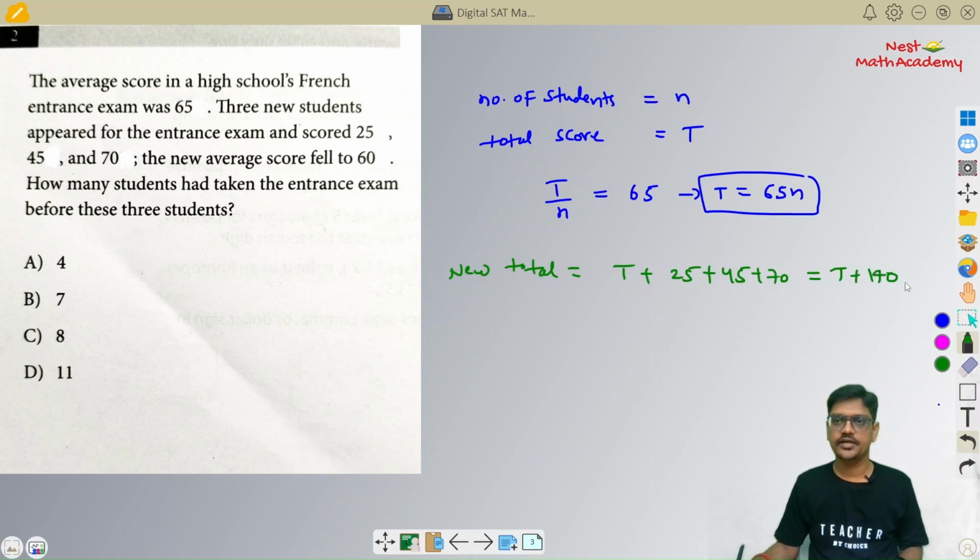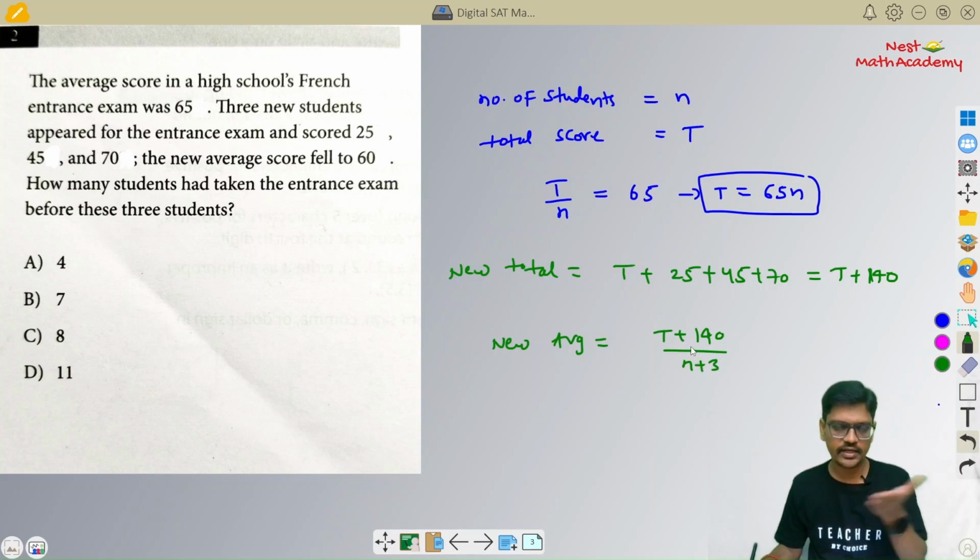So t plus 140. This is the new total. The new number of students is obviously n plus 3, earlier n students plus the 3 new students. The new average is equal to the new total over the number of students.